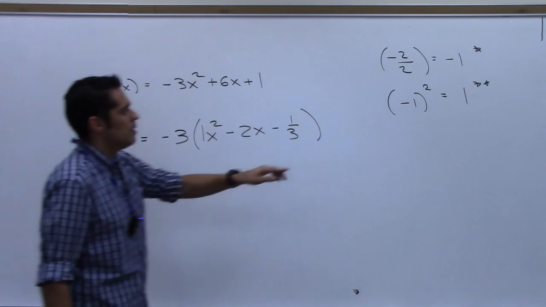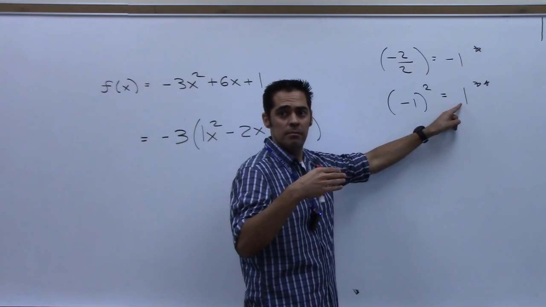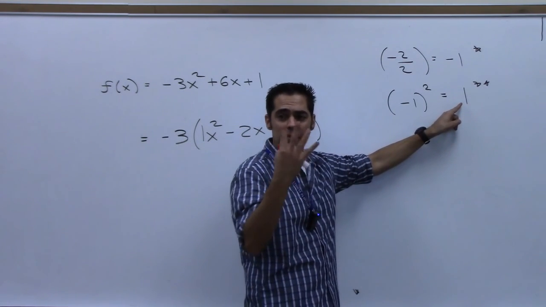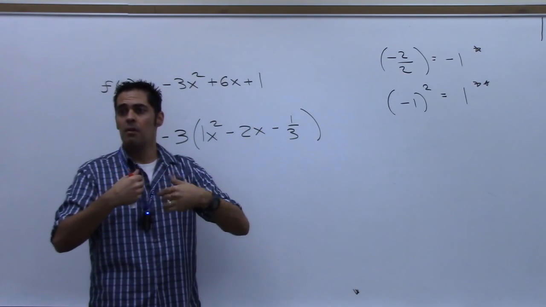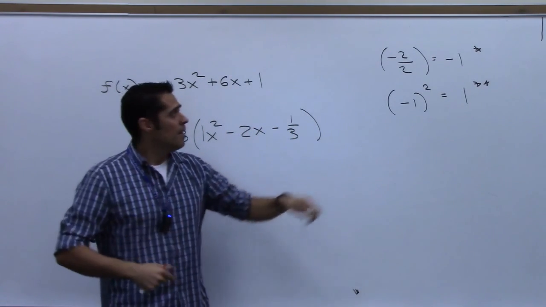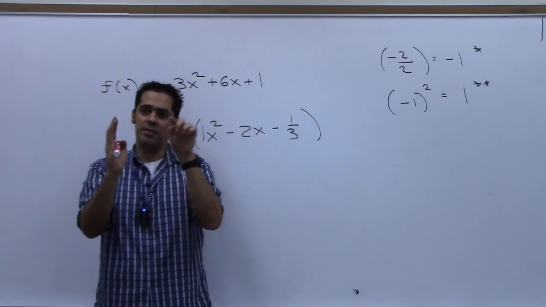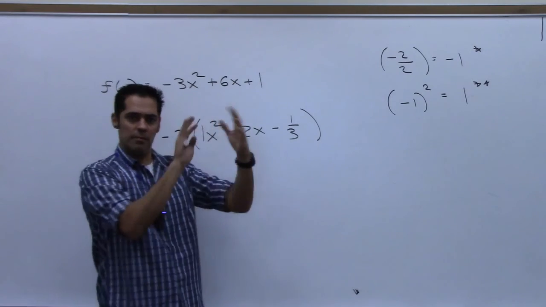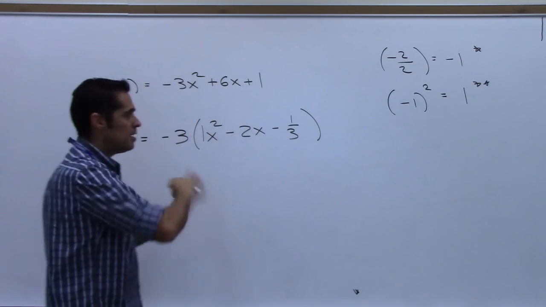This number is going to be what I use for my hidden 0. Like in the last problem I had a 4 here, right? So I added 4 and subtracted 4. This one you're going to add and subtract 1. This number is what's going to be in the parentheses with the x, the square thing. X, and then it'll be minus 1, that quantity squared. You'll see it when I do the next step.